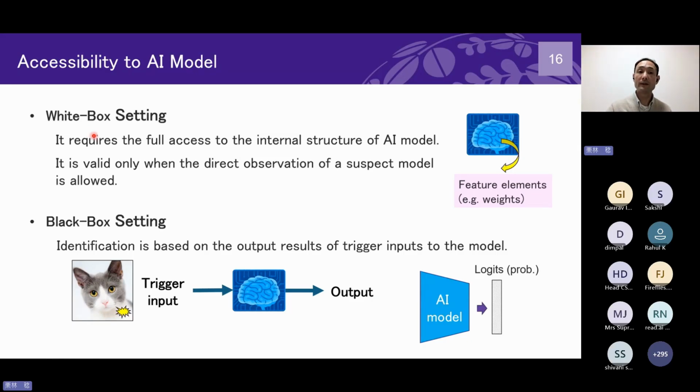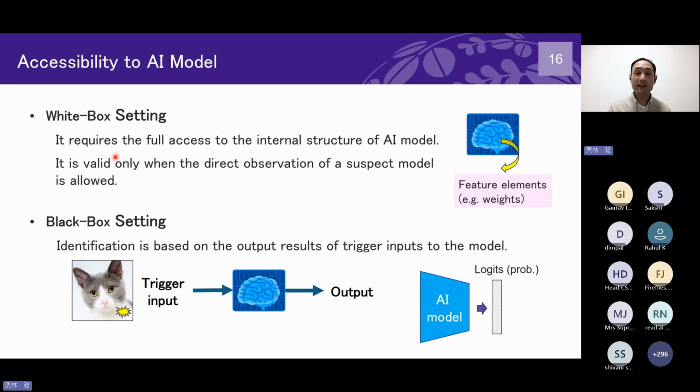It means full access to the internal structure of the AI model is allowed for the owner. Therefore, the watermark is embedded into the internal weight parameters of the AI model, and in case an illegal copy is found, the owner tries to extract the watermark directly from the AI model and claim the ownership.